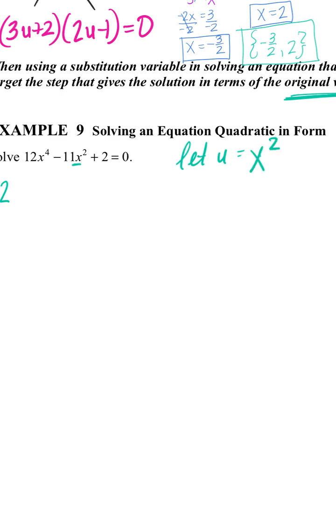If I have x to the 4th, and this is x squared, then that means u squared, because if I square this right here, it's going to give me x to the 4th, minus 11u plus 2 equals 0.